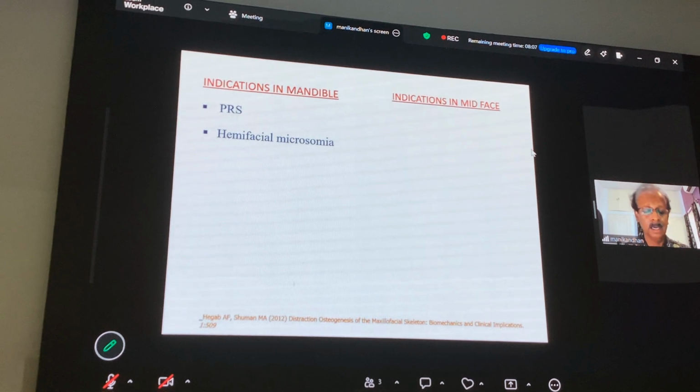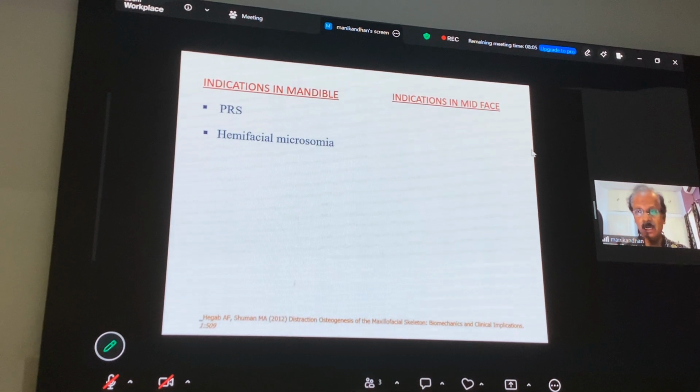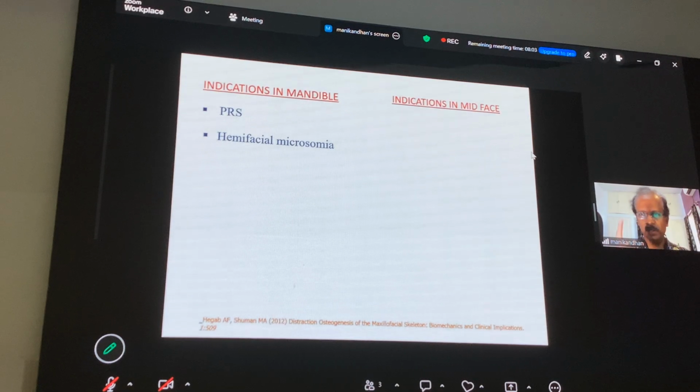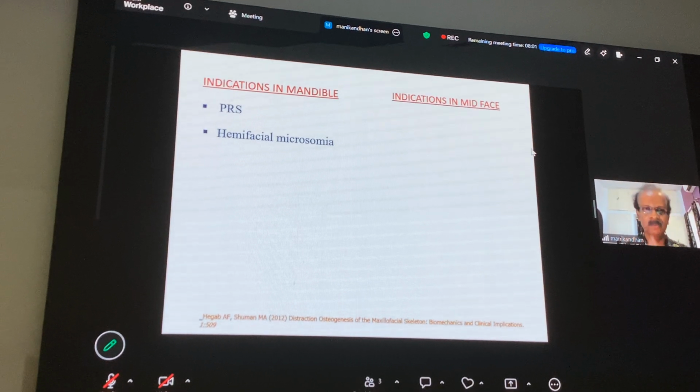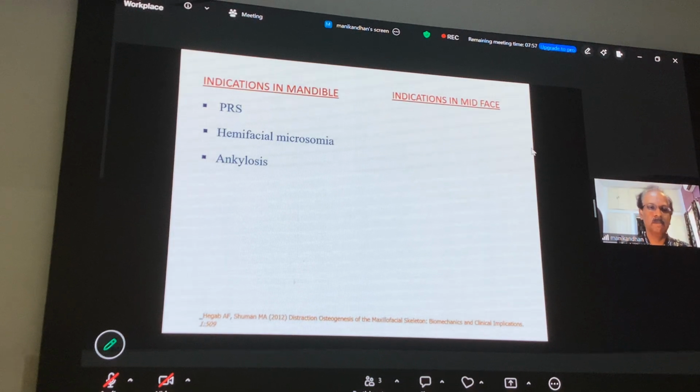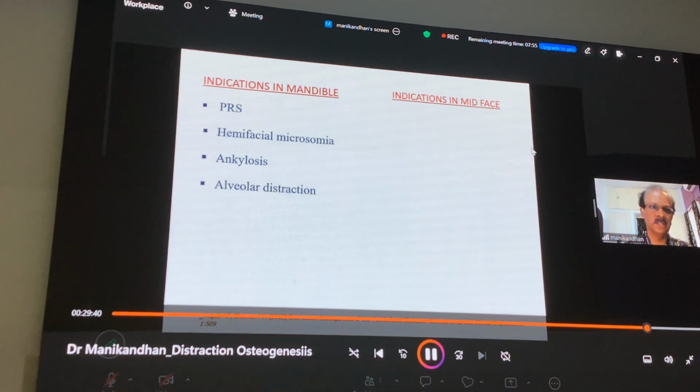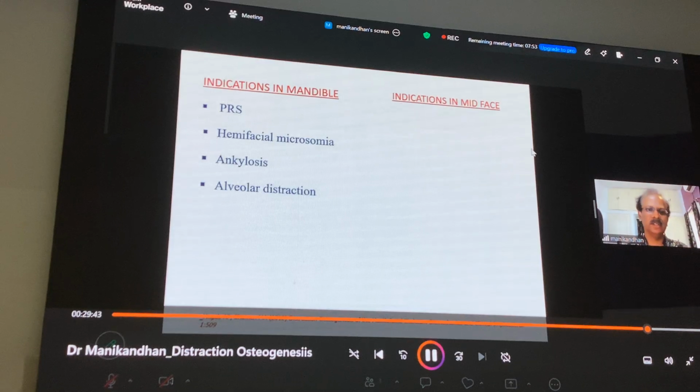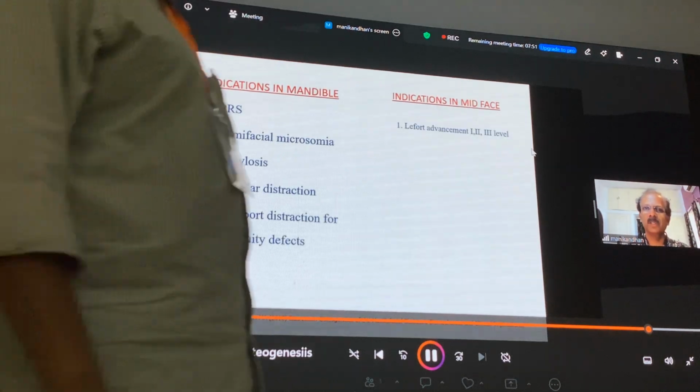And remember, distraction is not a replacement for posterior surgery. Distraction is not a replacement for posterior surgery. So you can do ankylosis before or after the release of ankylosis. You can convert to distraction, transport distraction, something.